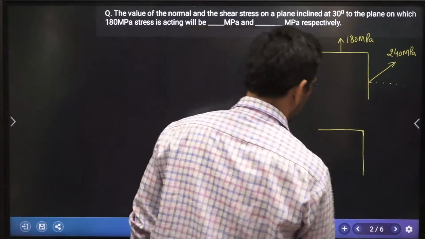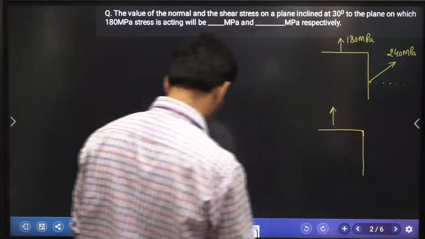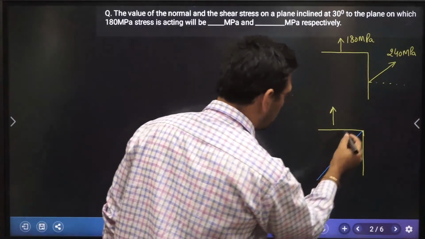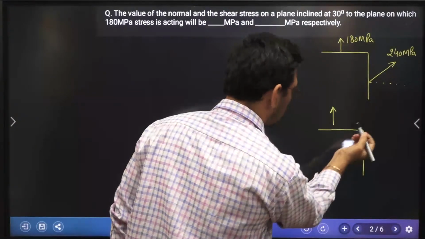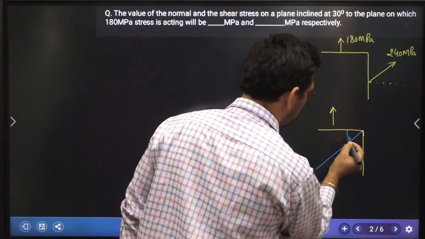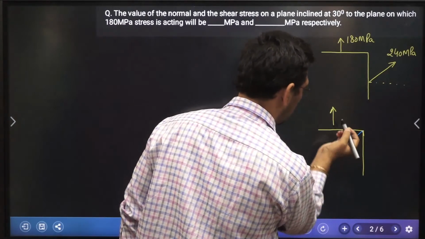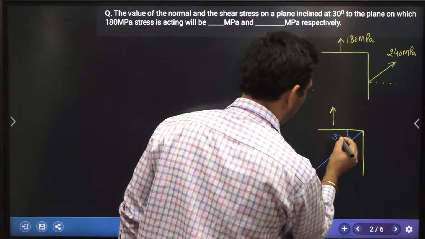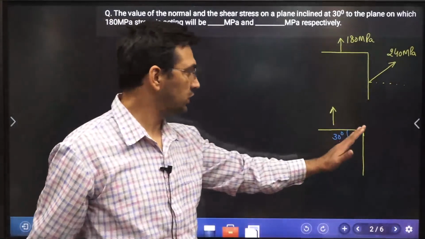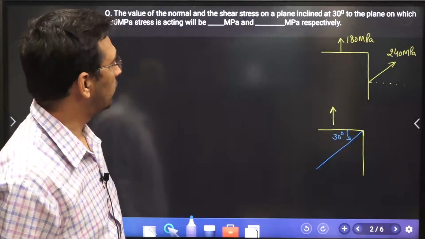Okay, something this way. So you have this one. So if you take a plane which is inclined at 30 degree to this, so it seems like it is not 30 but something this way. So let's say if this is 30 degree, then it says what is the value of normal stress on this plane and the shear stress on this plane that you are supposed to find out, right?